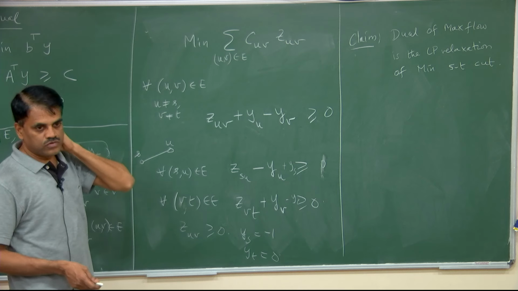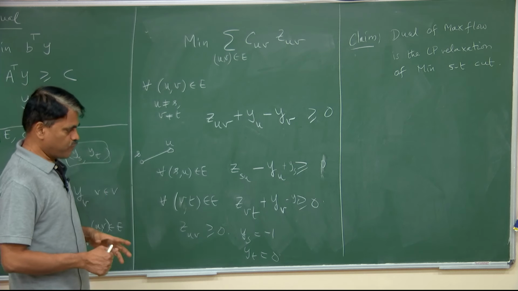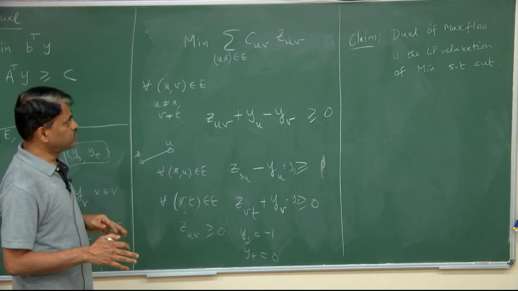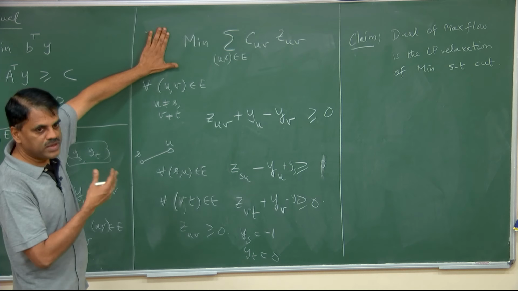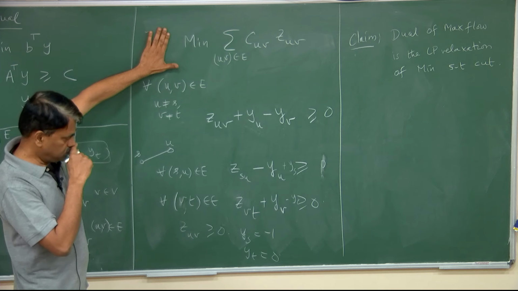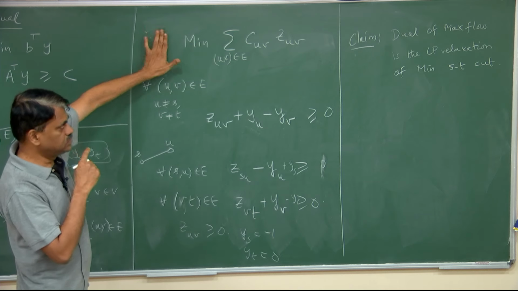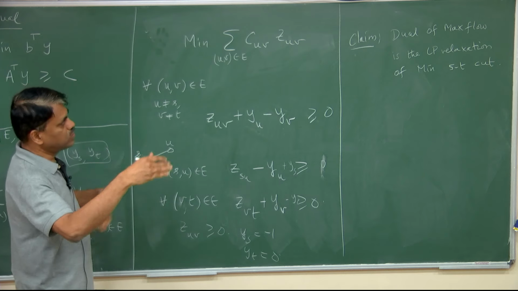So I'll prove it by showing that this opt value is actually equal to the value of the min ST cut. I'll show it by showing greater than or equal to, and less than or equal to.